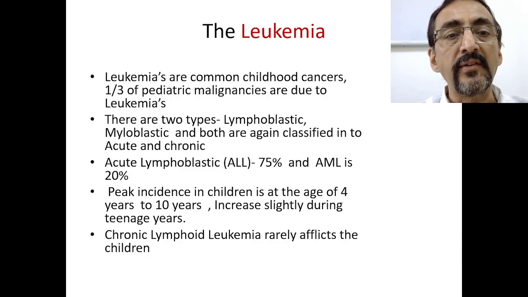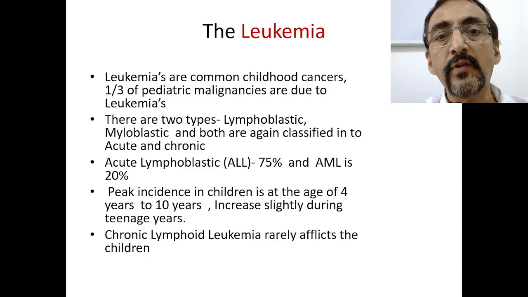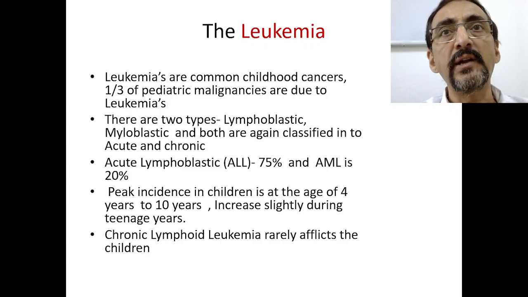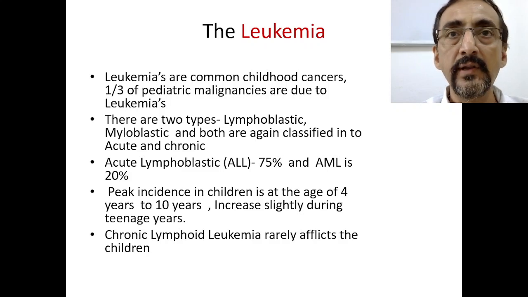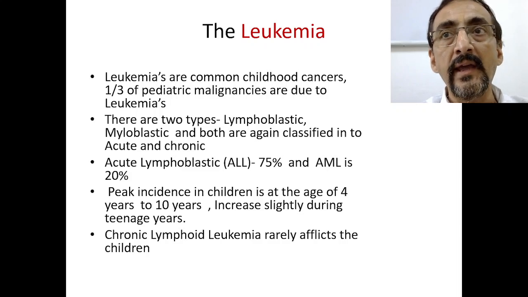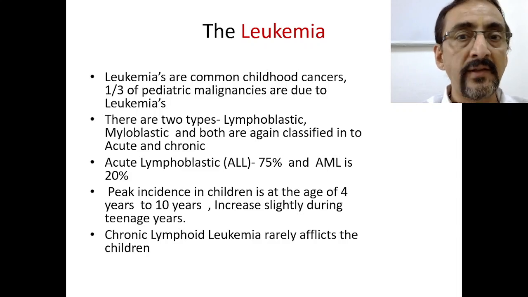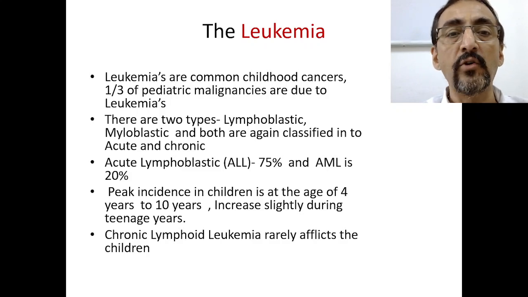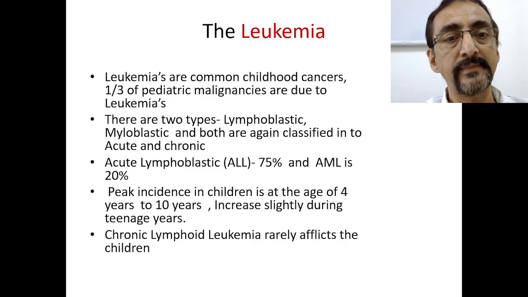Now among all these, acute lymphoblastic leukemia is the most common variety in childhood practice. 75% of the cases of leukemia are acute lymphoblastic leukemia, and it is of childhood onset most of the time, usually 3 to 5 or 3 to 6 years. It's the most common age group in which it is found. AML, acute myeloblastic leukemia, is only 20%.